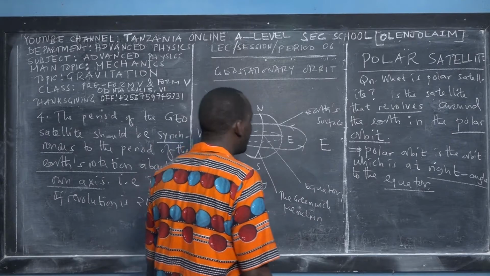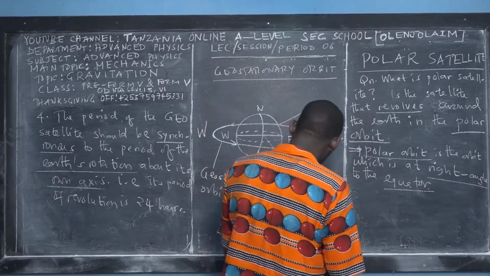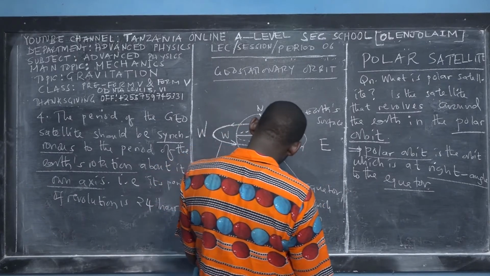That's how we define the polar orbit. So this polar satellite passes over both the north pole and the south pole.